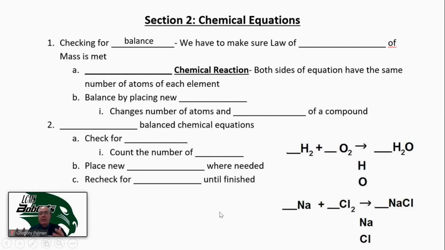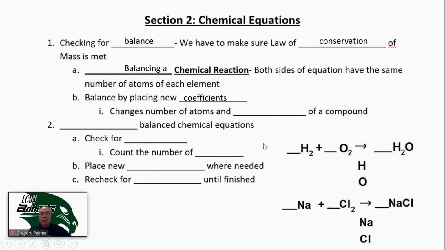So when we have these chemical equations, we need to check for balance. This is one of the things that's in the 8th grade curriculum this year. So we have to make sure that the law of conservation of mass is met. Balancing a chemical equation means both sides of the equation have to have the same number of atoms of each element, so we're going to have to count them.